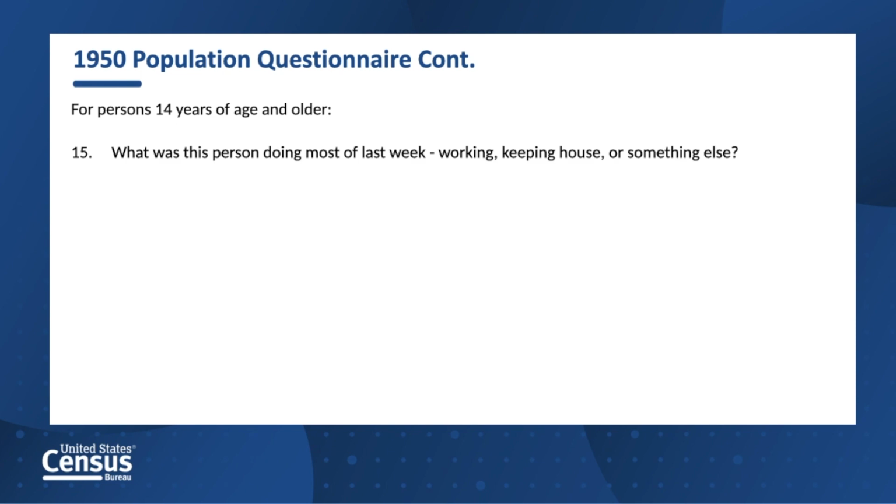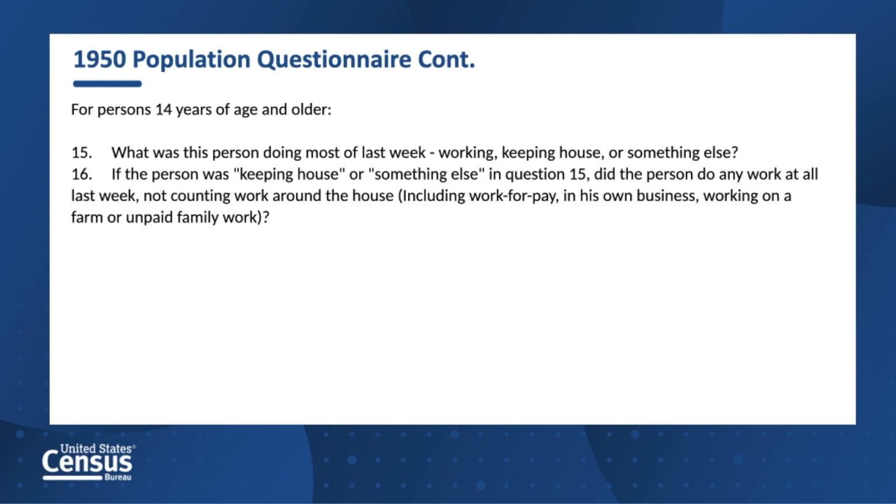Working, keeping house, or something else? If the person was keeping house or something else, did the person do any work at all last week, not counting work around the house, including work for pay, in his own business, working on a farm, or unpaid family work? If the person answered no to the question, was he looking for work?